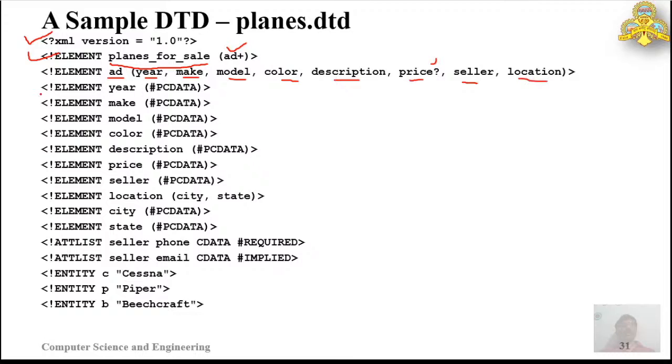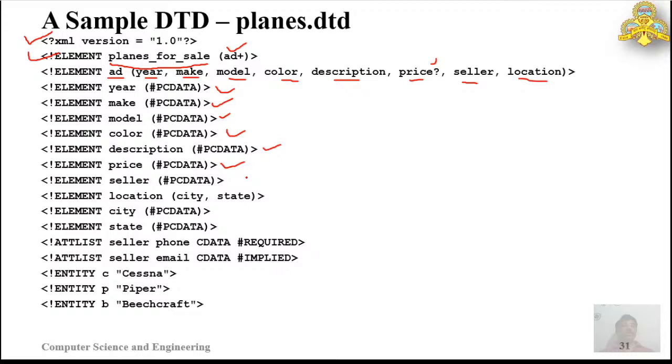And here, year is PCDATA, nothing but a leaf node. Make is parsed character data, that is, make is a leaf node. Model is a leaf node. Color is a leaf node. Description again a leaf node. Price is a leaf node.